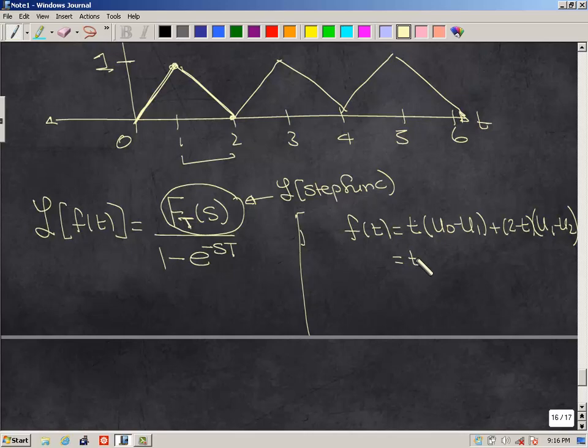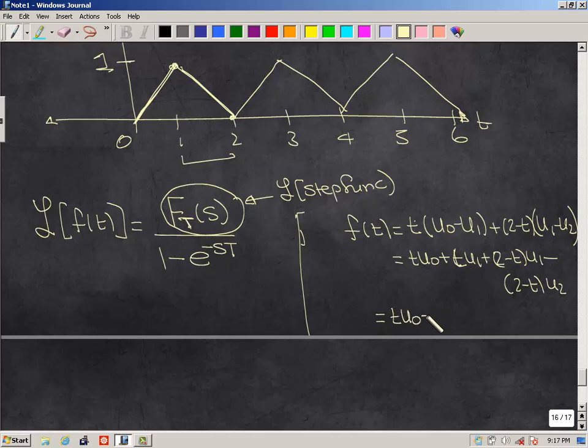So we get t of u naught plus t of u1 plus 2 minus t of u1 minus 2 minus t of u2. So we're just distributing. Let's collect now.